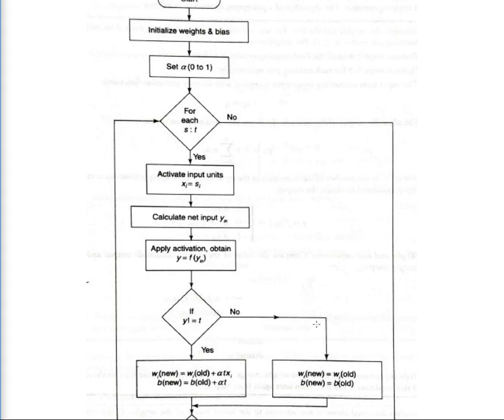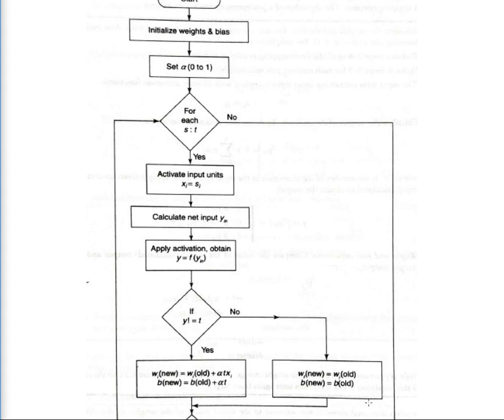If this is not met, that is not equal, then that particular condition indicates that this is not valid. If y is equal to t, it is a terminating condition.